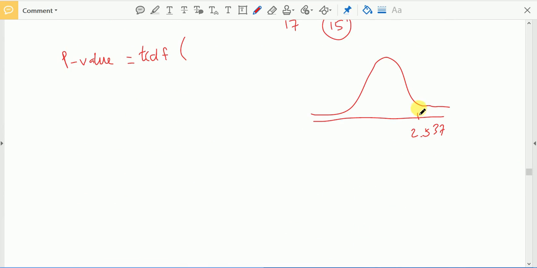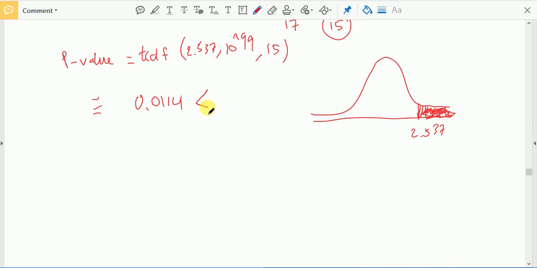And this is the right tail, so you want all the way up to the right. The lower bound is 2.537, and you want all the way to the right, which is 10 to the 99, and the degrees of freedom is 15. Doing that, you should get 0.0114.